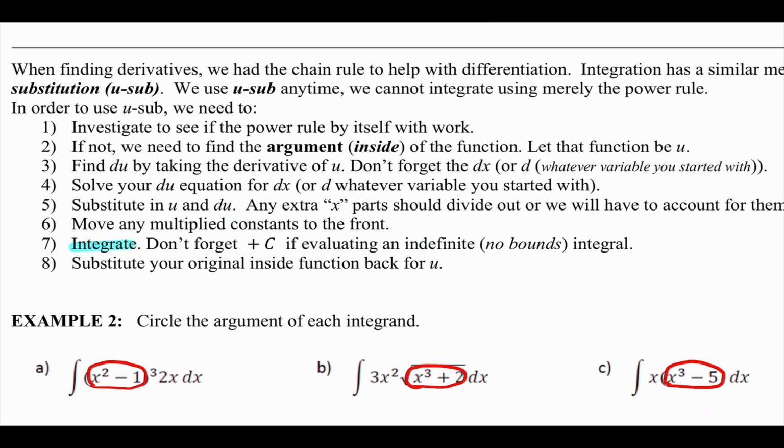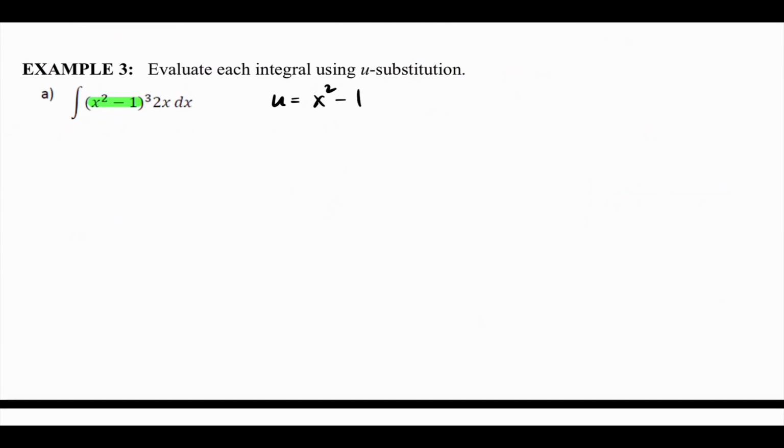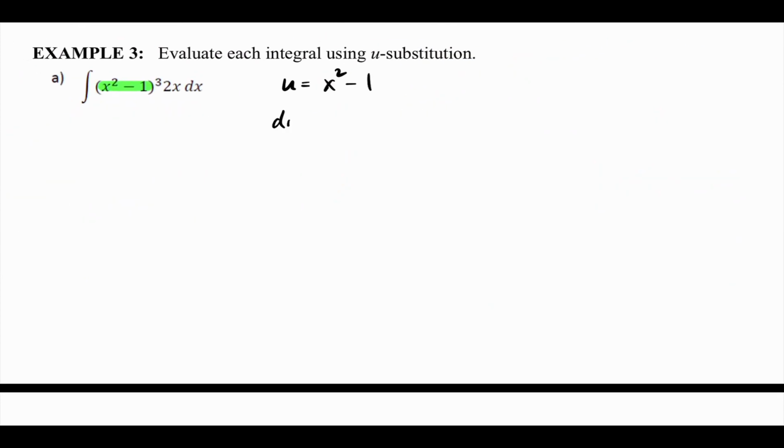The next step, find du by taking the derivative of u. So du equals the derivative of u. Well, what would the derivative of u be? 2x, yeah. But don't forget about the dx. The dx always goes, because you're finding with respect to x, right? So the dx goes there.